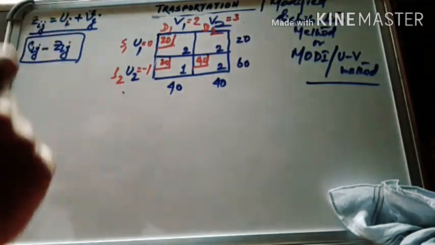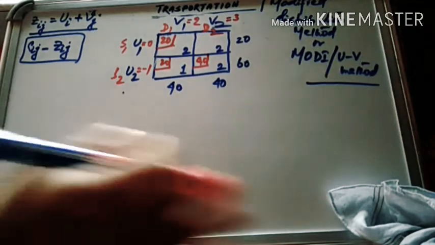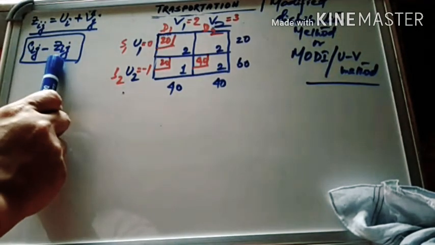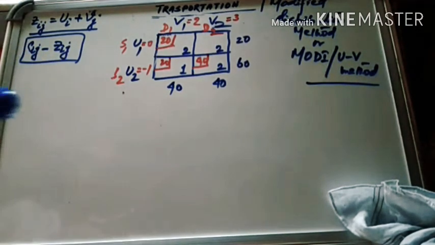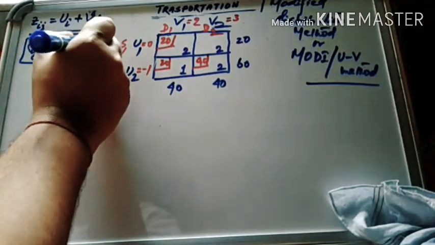Why are we calculating Cij and Zij values? Because the Cij minus Zij value gives you the optimal solution. How?